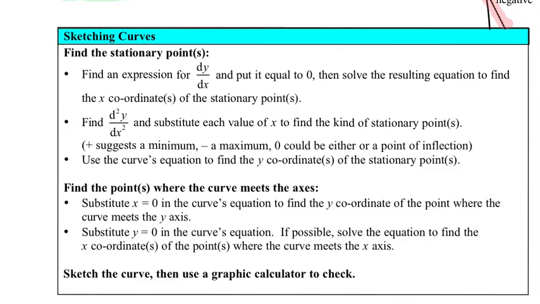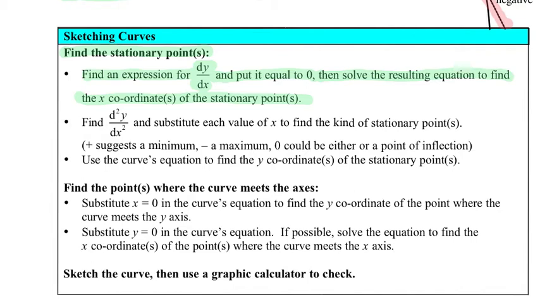If you need to sketch a graph, you need to do the following. Find the stationary points. So find an expression for dy/dx and put it equal to 0. Then solve the resulting equation to find the x-coordinates of the stationary points.